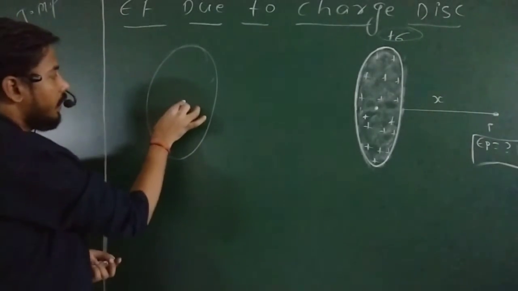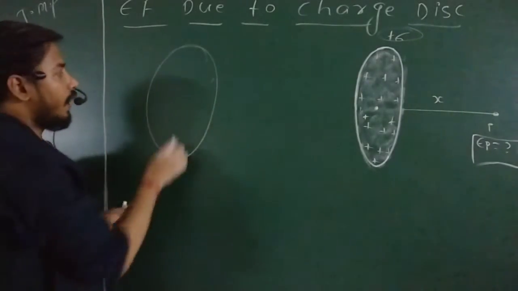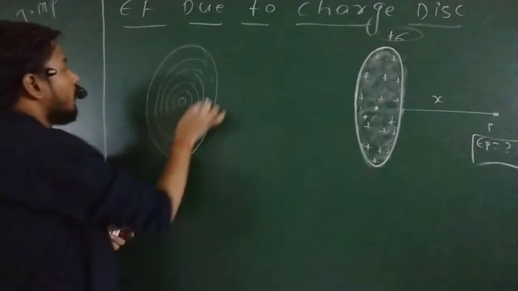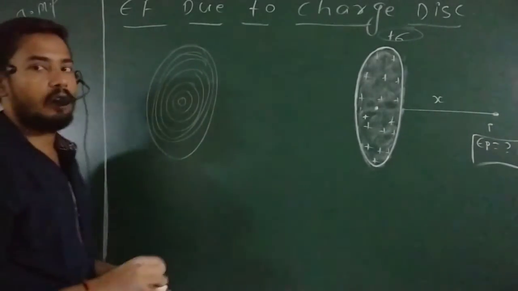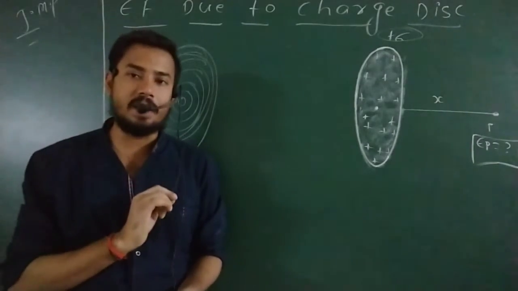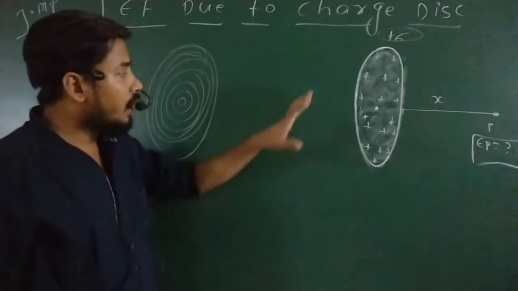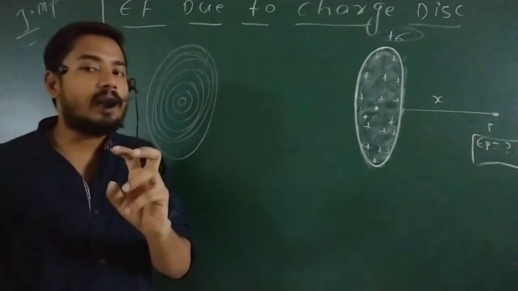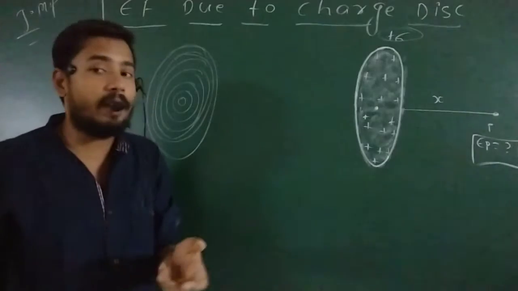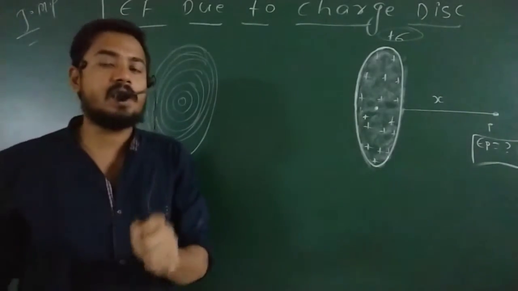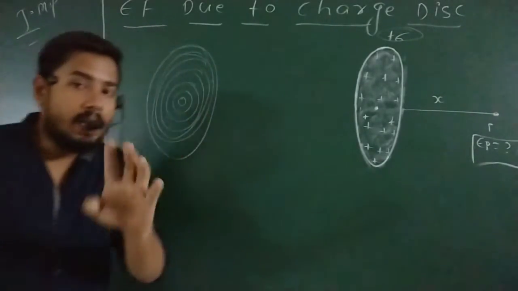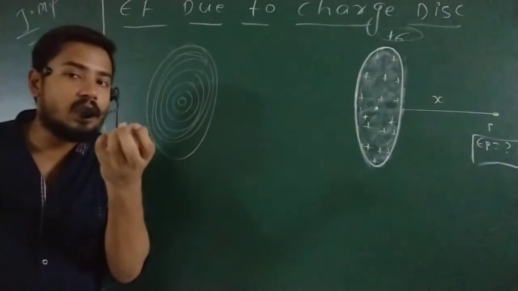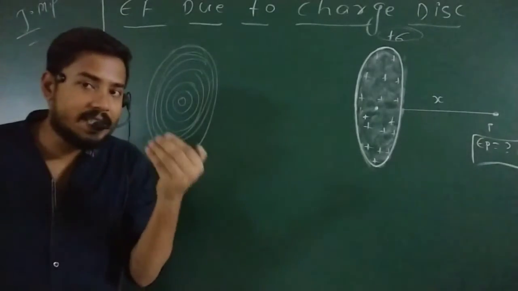If you look at the center, you will find a lot of rings of various radii. It means the disk is made up of a combination of a large number of rings of various radii. Again I am telling you, the disk is made up of a large number of rings of various radii.